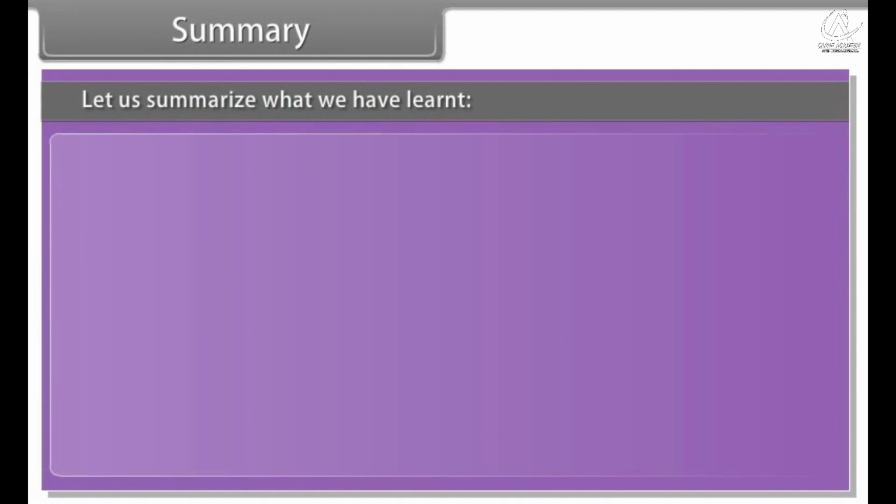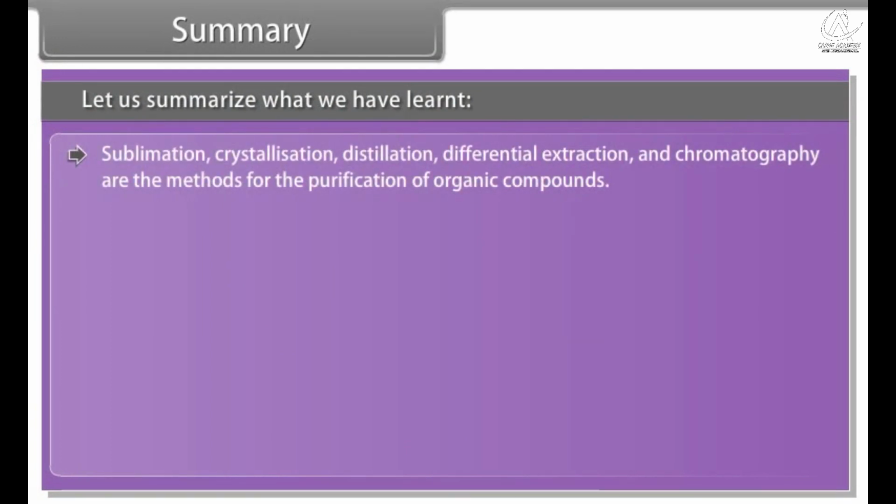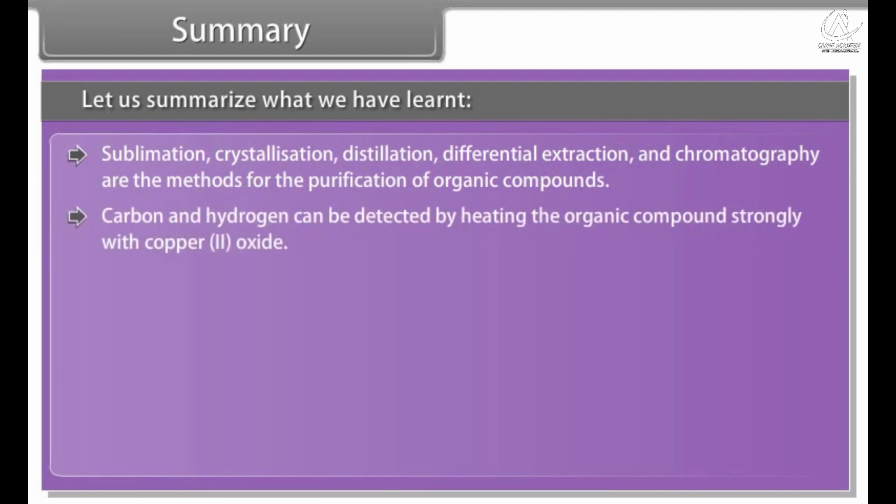Summary. Let us summarize what we have learned. Sublimation, crystallization, distillation, differential extraction, and chromatography are the methods for the purification of organic compounds. Carbon and hydrogen can be detected by heating the organic compound strongly with copper(II) oxide.